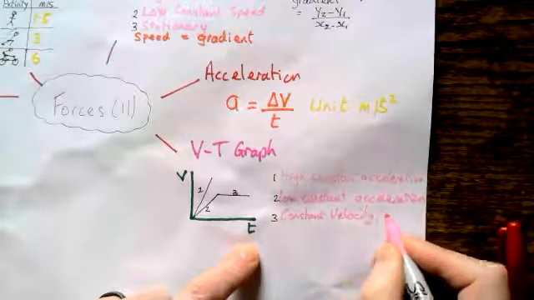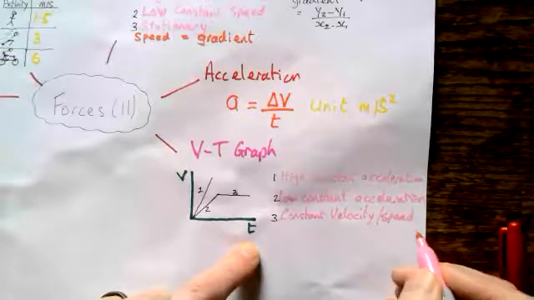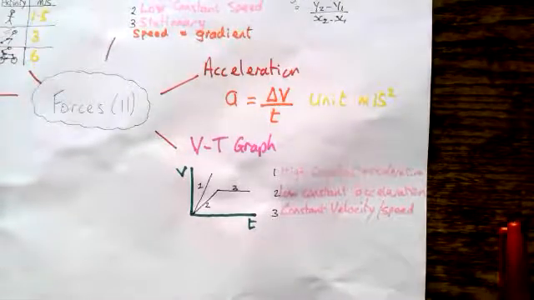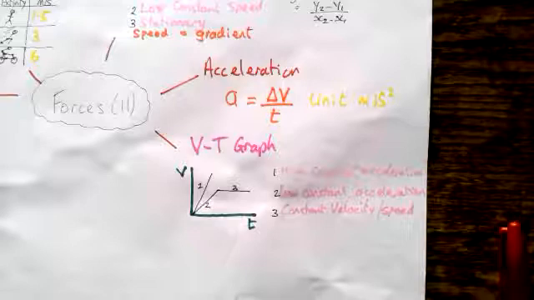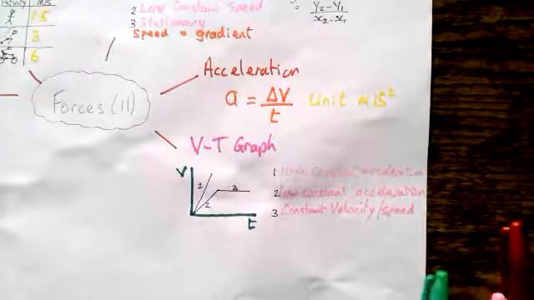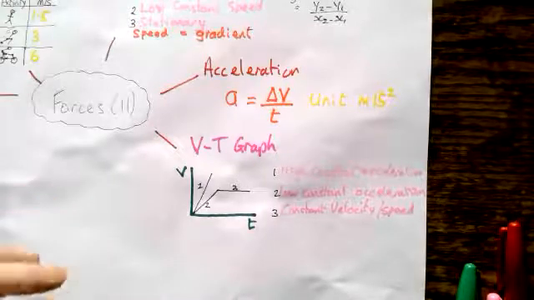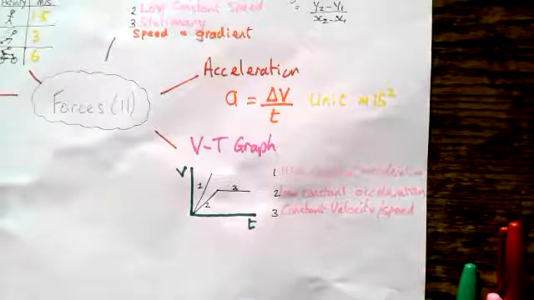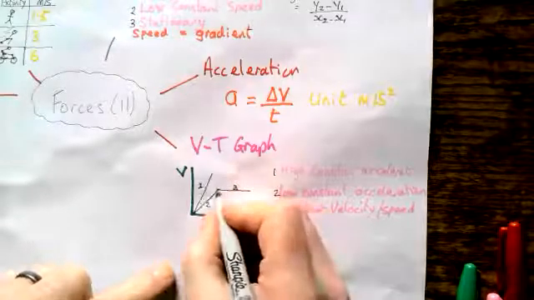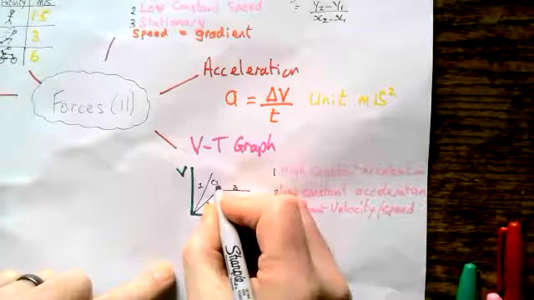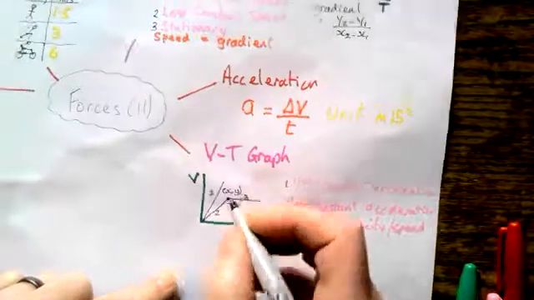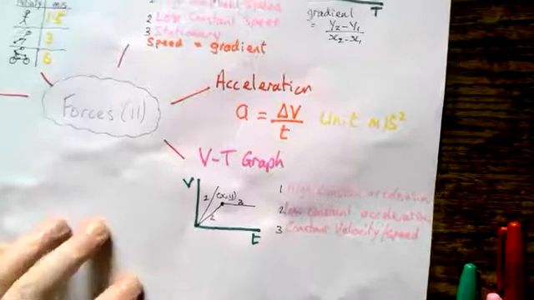I'll put speed, because remember, speed and velocity is the same thing. Velocity is just speed in a straight line. And then, just like with the distance time graph, what does the gradient show us? The gradient shows us acceleration. So if I label this point here as xy, it has the coordinates x, y.